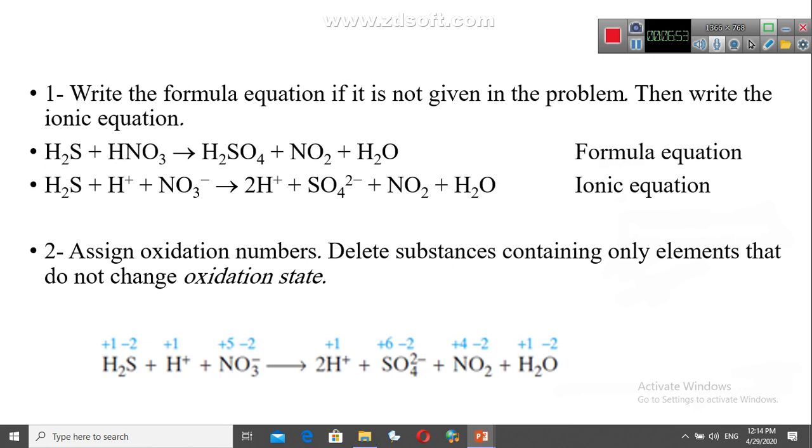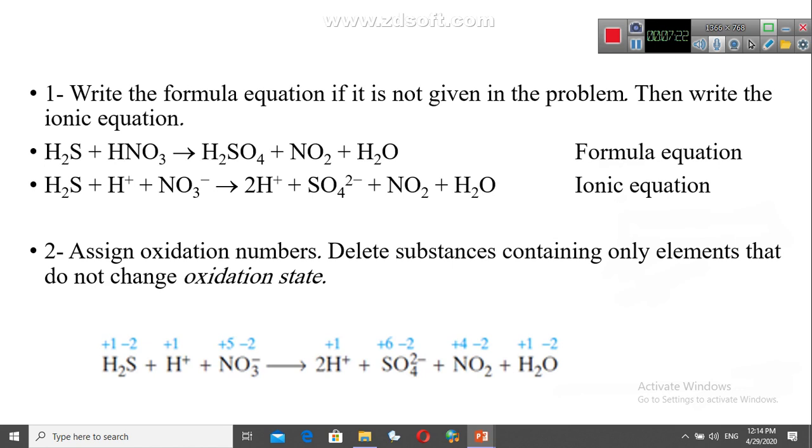For the other elements, write all oxidation numbers. You know how we find the oxidation number for nitrogen, sulfur, and hydrogen in a polyatomic ion; we learned this in section 1.